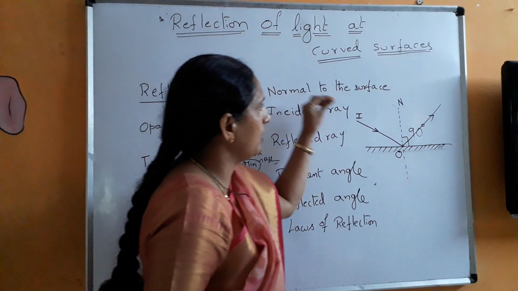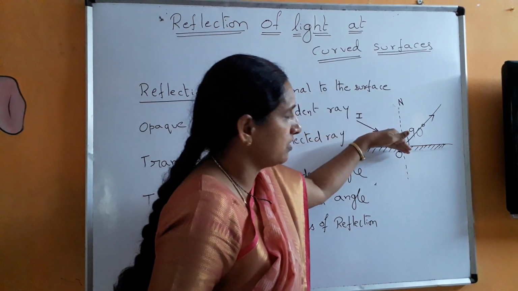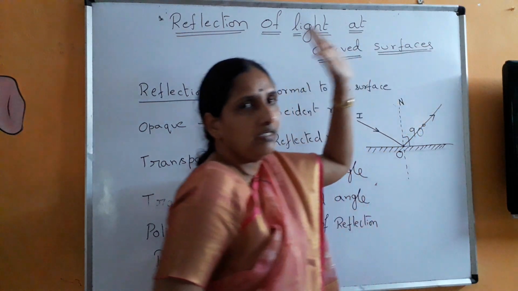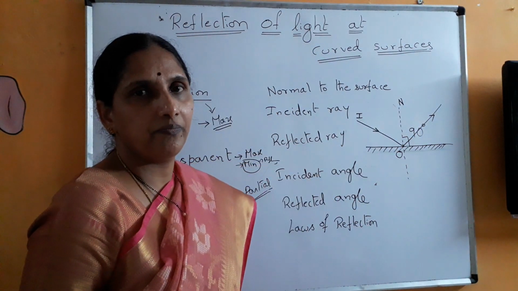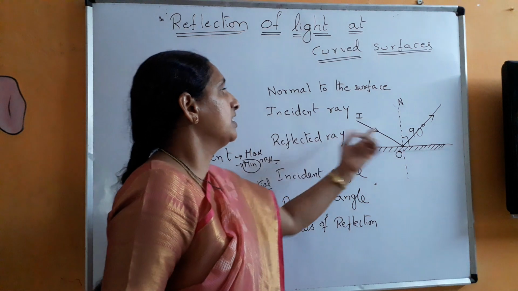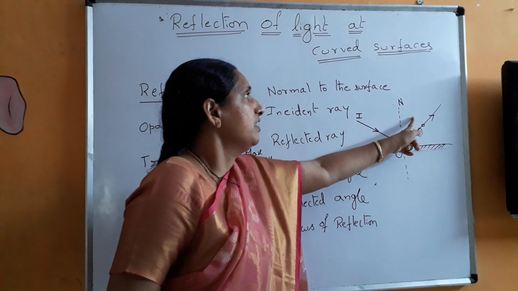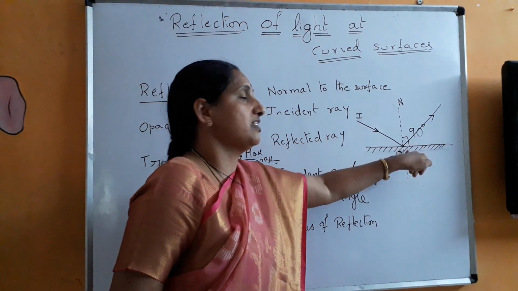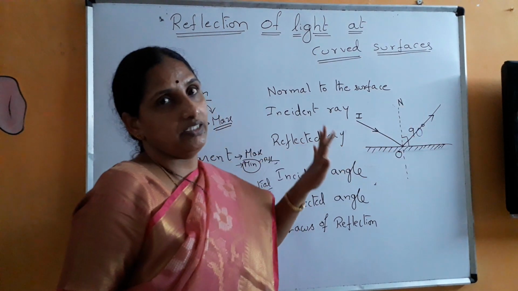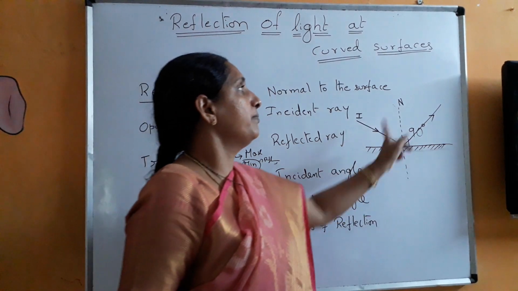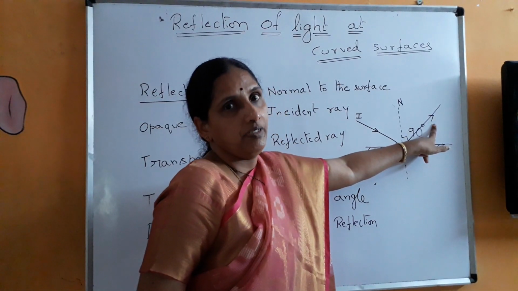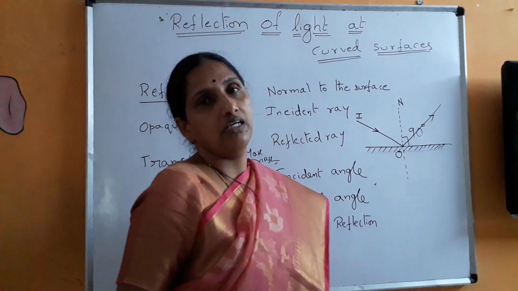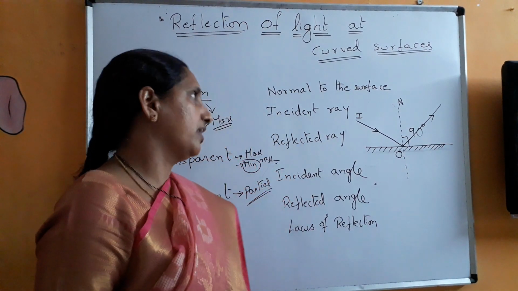If you hit the ball like this with an inclination to the surface, then obviously the ball also bounces back with the same inclination. Okay, so that is the reflected ray. The ray which is reflected from the point where the ray is incident is called the reflected ray. The ray which is coming back into the same plane from where it is incident is called the reflected ray.